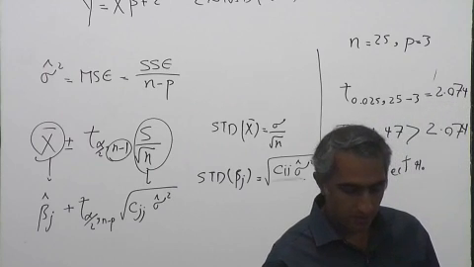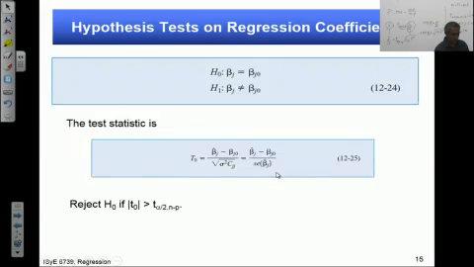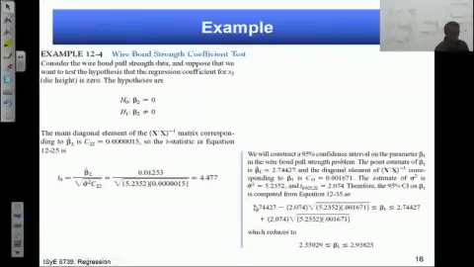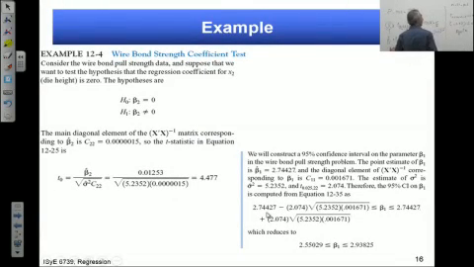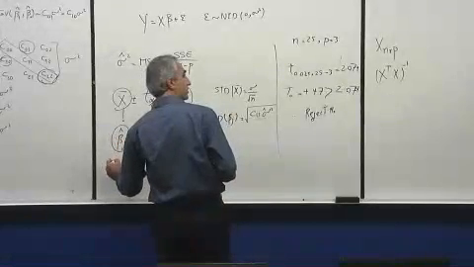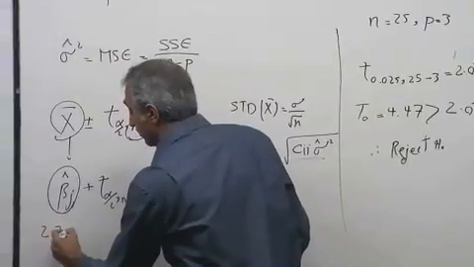How about finding a confidence interval for beta 1? We are using this equation. For beta 1, this is the point estimator, which is this guy, 2.74.